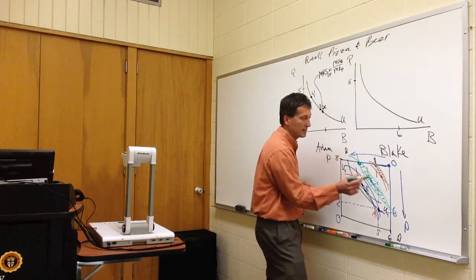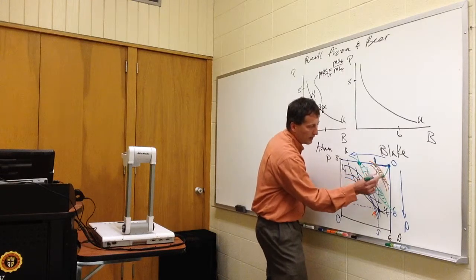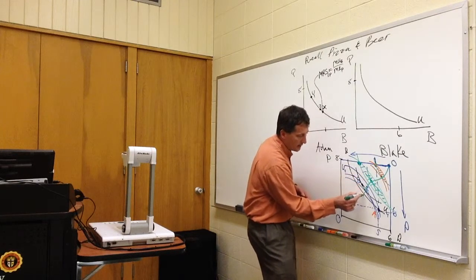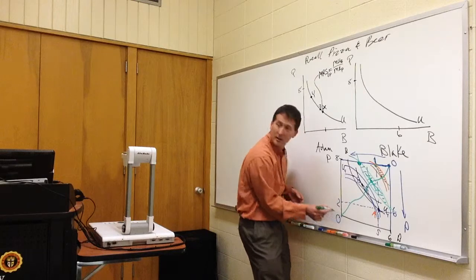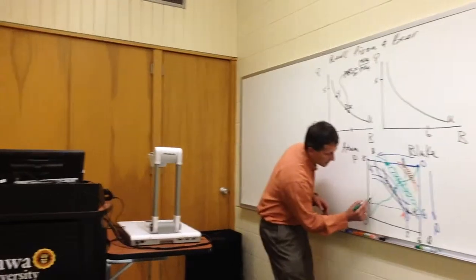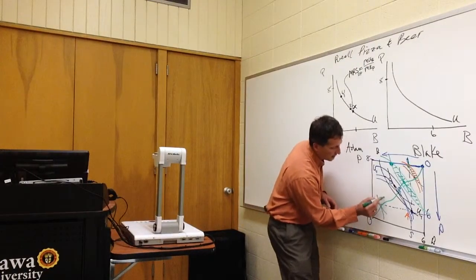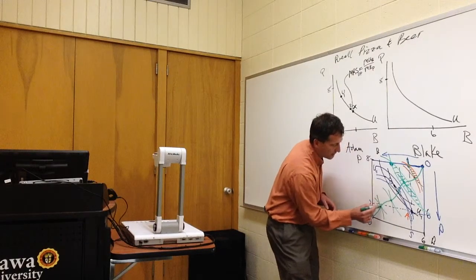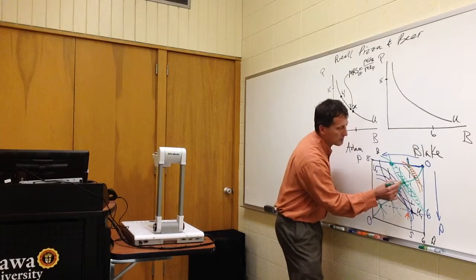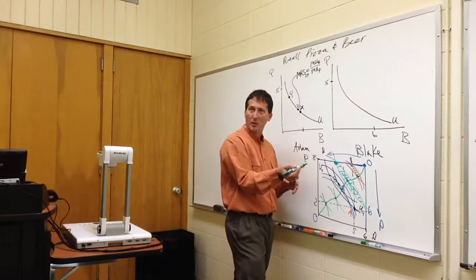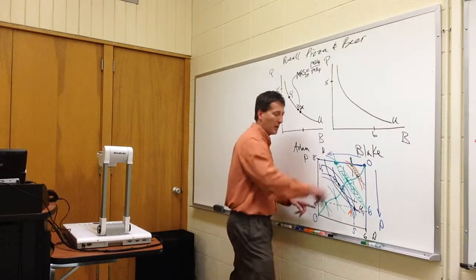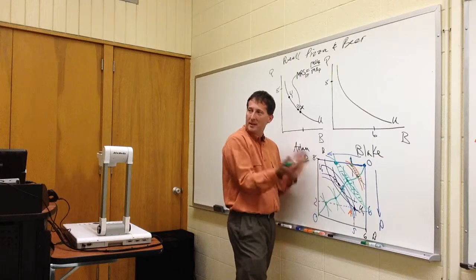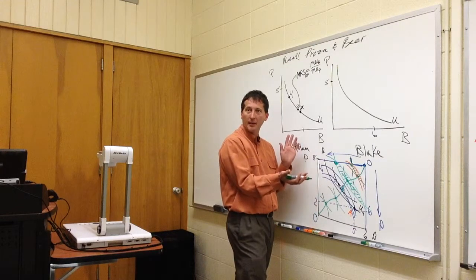And where I'm going with this is that all along here are points of efficiency. There's a whole bunch of these little guys all along here, points of tangency. There's multiple efficient points, but what we call fair is a judgment call. Okay?